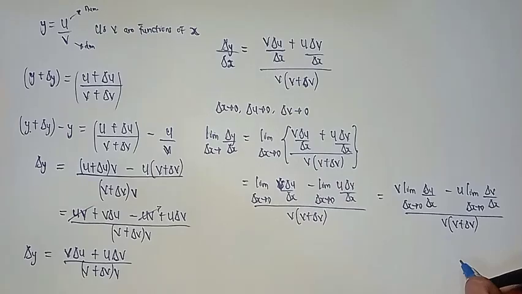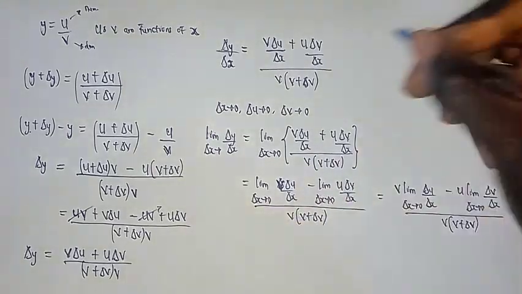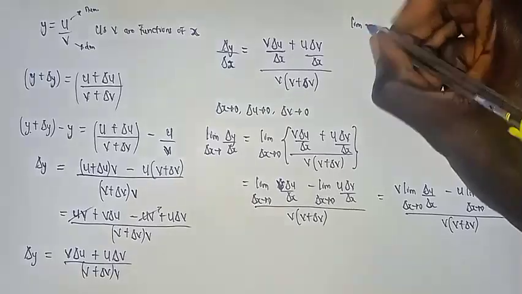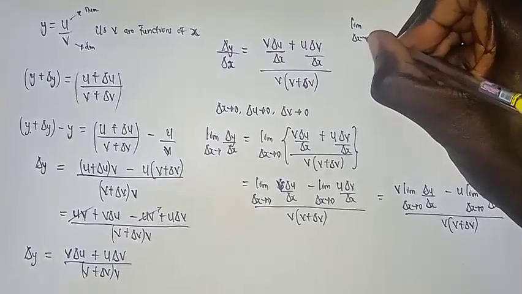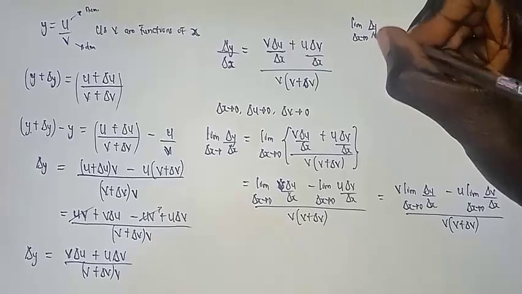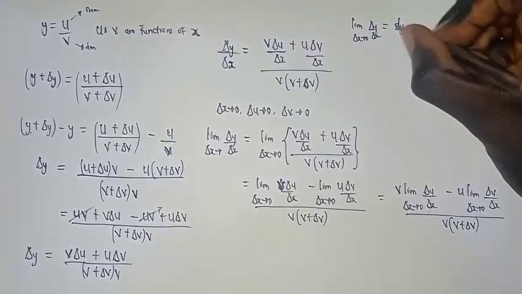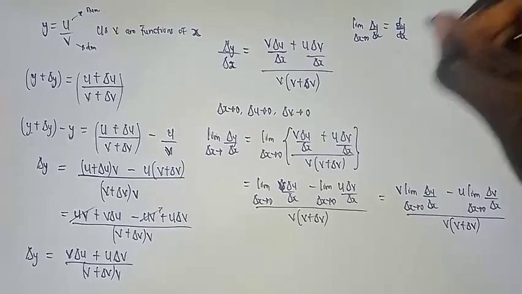And so solving this further, we know that the limit as delta x approaches 0 of delta y over delta x is equal to dy, the differential of y with respect to x.